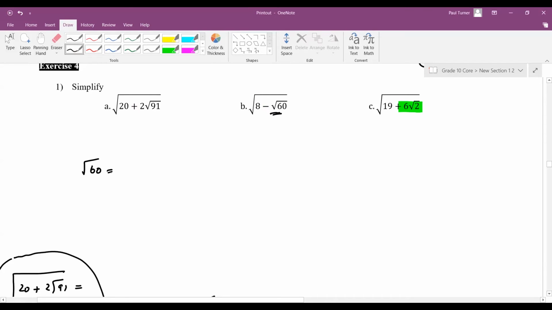Well, what's root 60? What times what? Can we write that as root 4 times root 15, can't we? Right? So root 4 times root 15 is root 60, because 4 times 15 is 60. But the root 4 is going to be 2, which is good because that's going to give us 2 root 15.